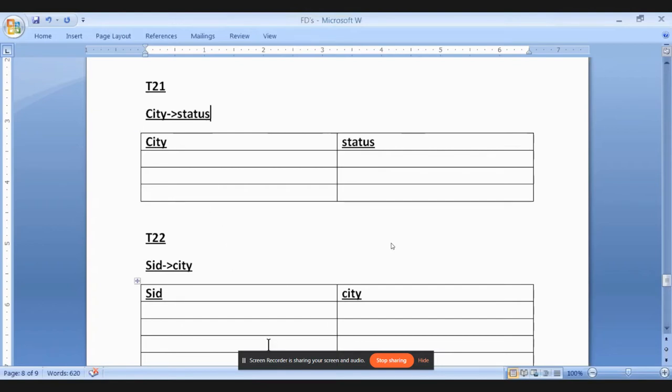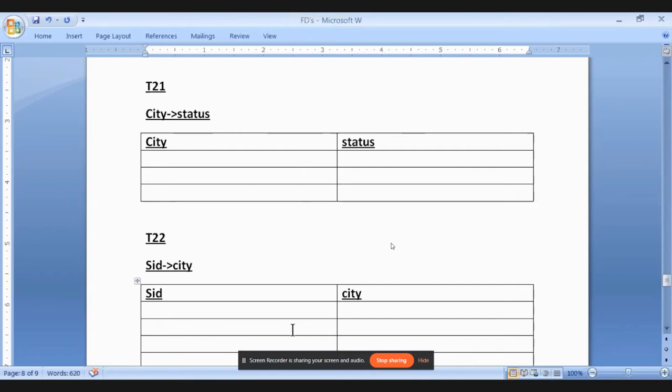So the dependency is not lost. Ultimately, when I merge these FDs and apply the axioms, I will get the SID to status FD. So it is not lost. Hence, dependency is preserved. Now, what about lossless and lossy decomposition?